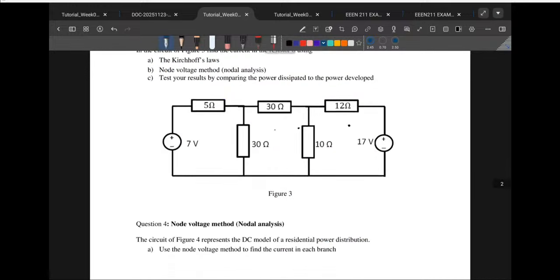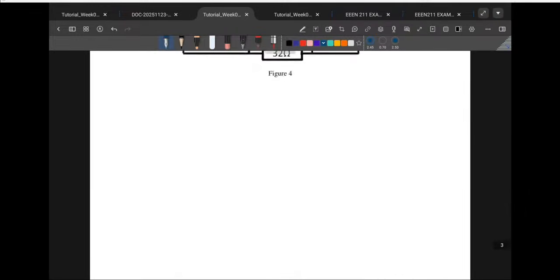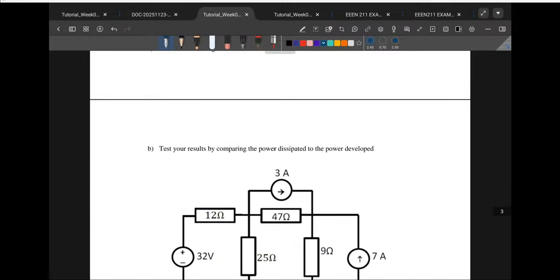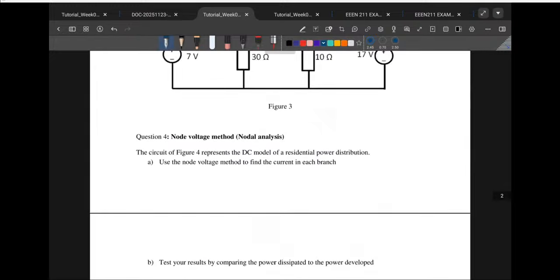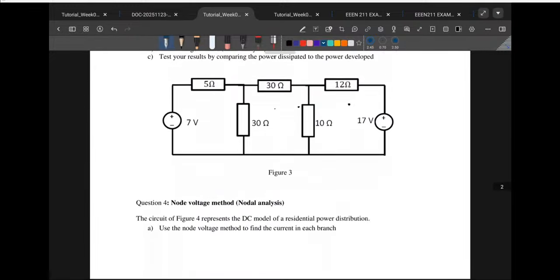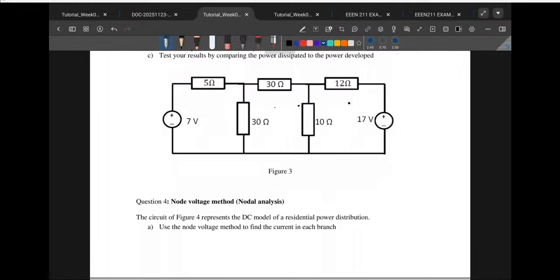Now we are going to have question 3 and question 4. I'm sure you can do question 3 and question 4. It's the same. You just come, there's a node here, there's another node here, then we are going to have the ground node here.